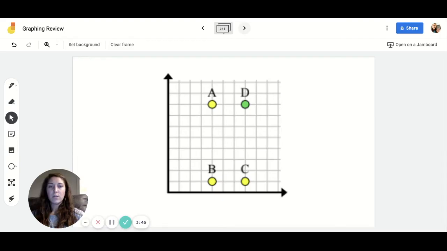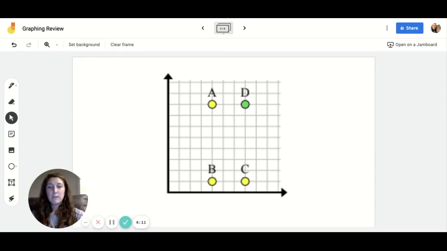Also on a coordinate plane, you could be asked to place a point in order to form a shape. For example, on this coordinate plane, points A, B, and C were already given to us. It wants us to plot another point that would form a rectangle.